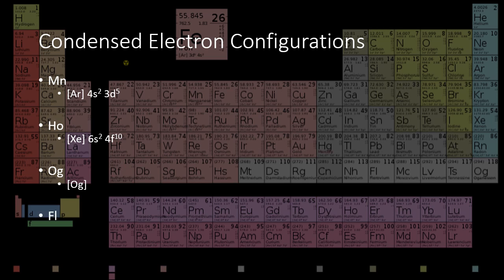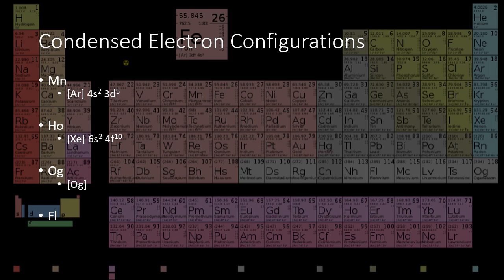And finally, Fl. So that's a new one. We got 114. And this is just conjecture because we don't actually know the electron configuration of this. We haven't studied it. But we would put radon in square brackets, and then we would count from there. So we're on 1, 2, 3, 4, 5, 6, 7. We're in the 7th principal quantum number here. 7s2. Then we go down here. 5f10.